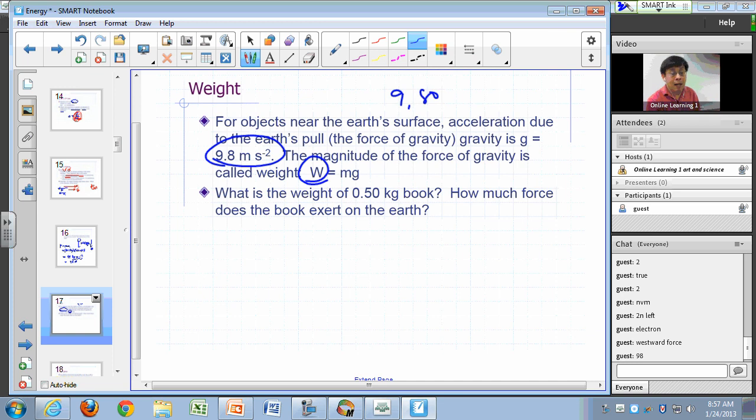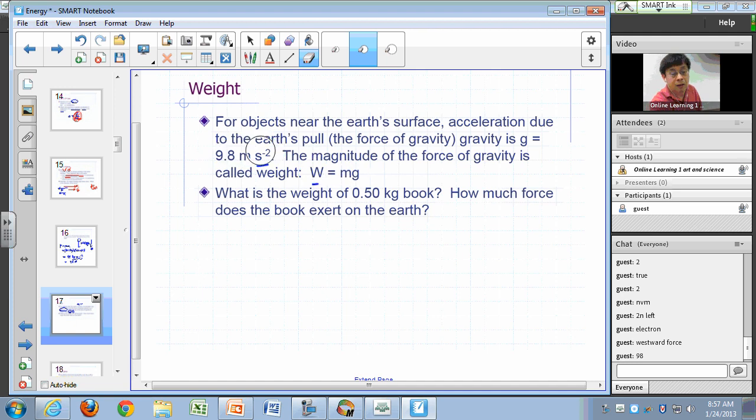So weight and mass are not the same. Mass is the amount of matter that you have in your sample. Weight is the force of gravity on the object. So in other words, if you want to quickly lose weight, you can go to the moon. You're not going to weigh as much there. You'll have the same mass. So weight is the force of the Earth or whatever planet you're on acting on the object.